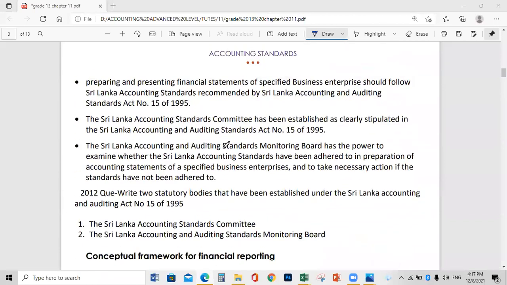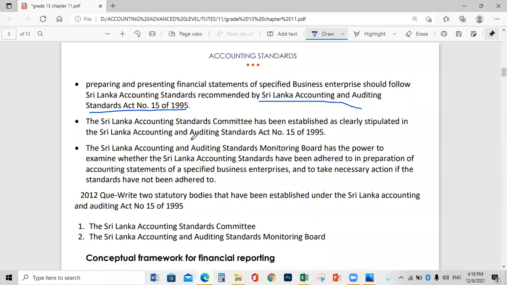Okay, so now you need to know who prepares and what is the law coming under accounting standards. Preparing and presenting financial statements of a specified business enterprise should follow Sri Lanka Accounting Standards. That means, guys, they are telling everyone, if it is a company, they have to follow these accounting standards. Who recommends them? They are recommended by the Sri Lanka Accounting and Auditing Standards Act number 15 of 1995.